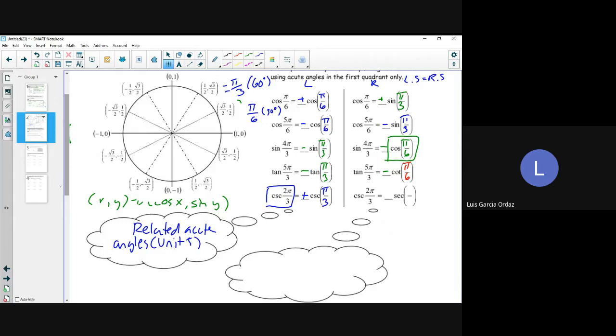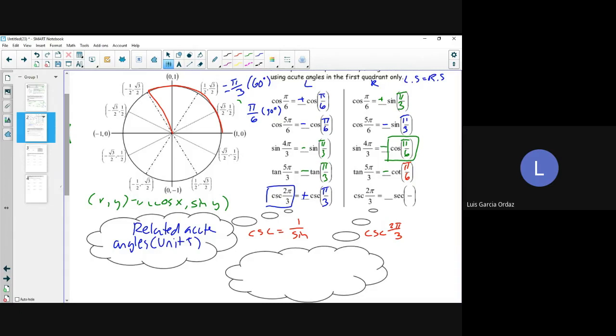Where does 2 pi over 3 land? Second quadrant. Okay. So cosecant of 2 pi over 3, what primary trig ratio are we looking at? Sine, because cosecant is equal to 1 over sine. So what is sine of 2 pi over 3?